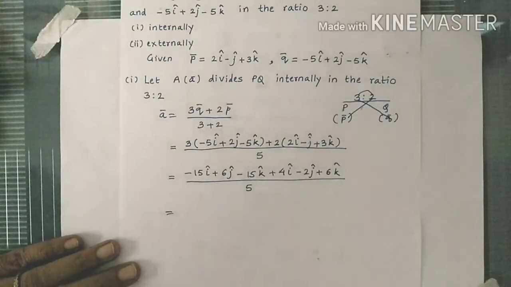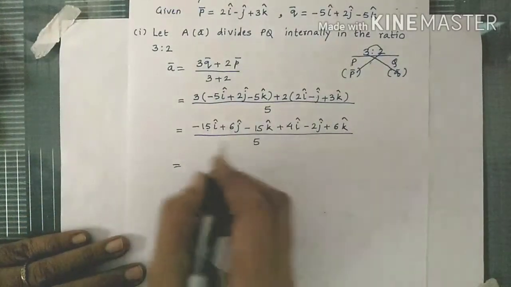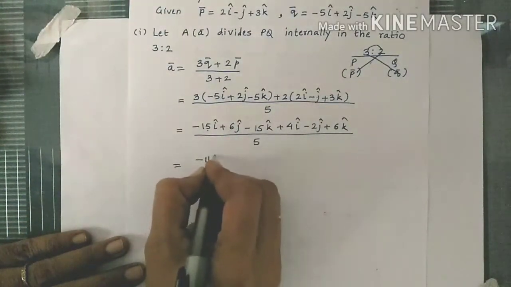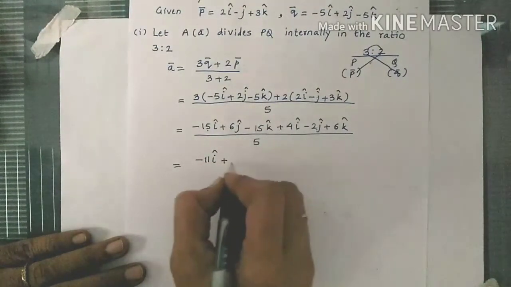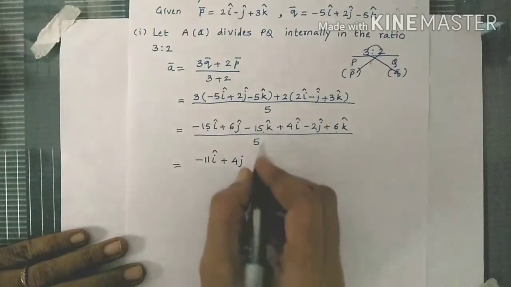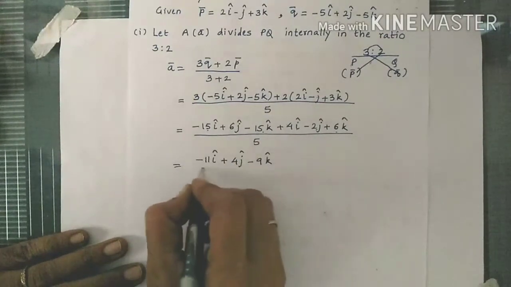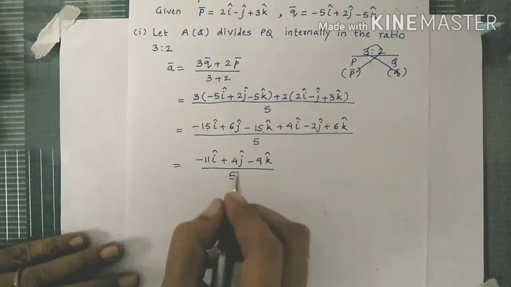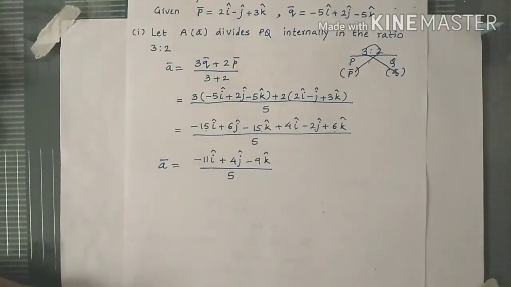Now collecting terms in i and adding those terms, we have minus 15 plus 4, that is minus 11i, plus terms in j, 6j minus 2j, 4j, minus 15 plus 6, that is minus 9k cap, divided by 5. So this is the position vector of the point which divides PQ internally in the ratio 3:2.